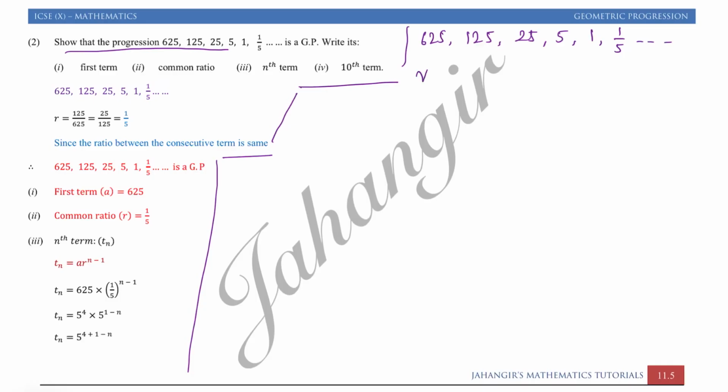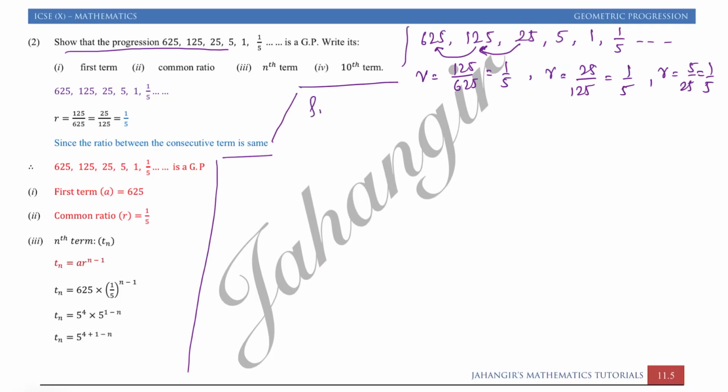We will find the ratio R is equal to 125 upon 625, that is 1 by 5. Again R is equal to 25 upon 125, that is 1 by 5. Then R is equal to 5 by 25, that is 1 by 5. Then again 1 by 5.